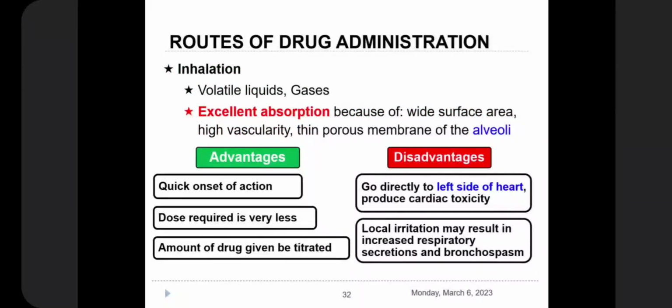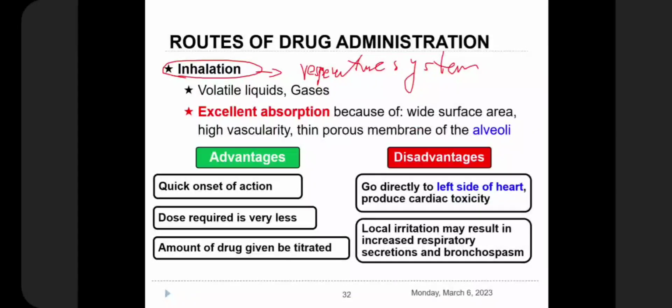First one is inhalation. The preparations include volatile liquids and gases. This administration is very suitable for diseases in the respiratory system, and has excellent absorption.